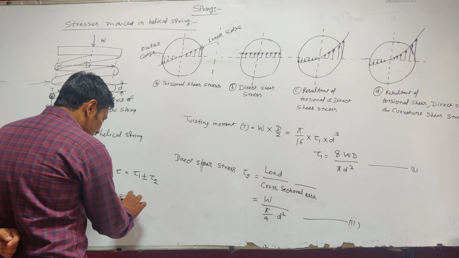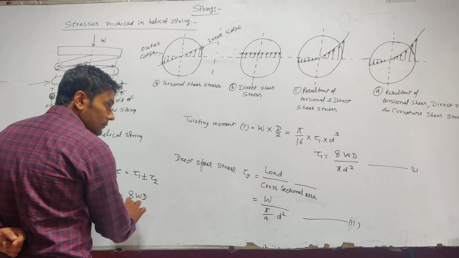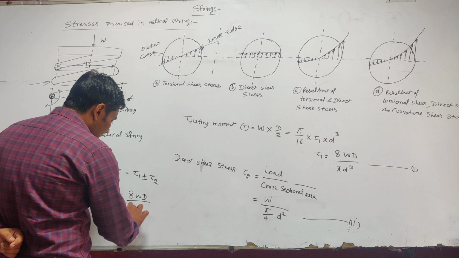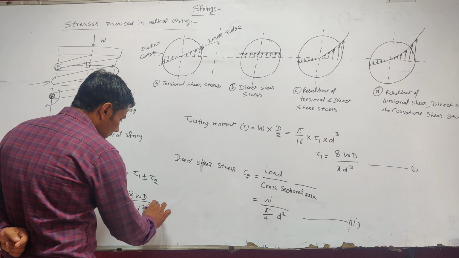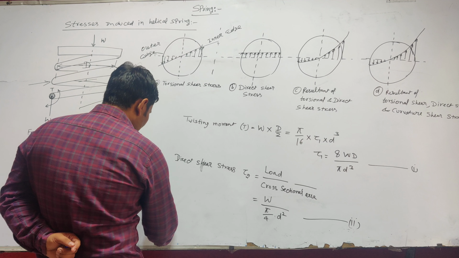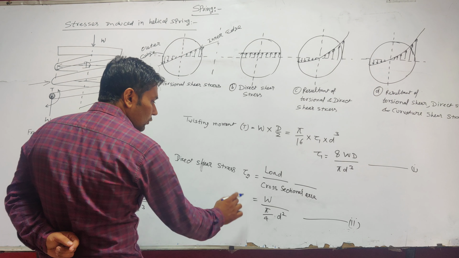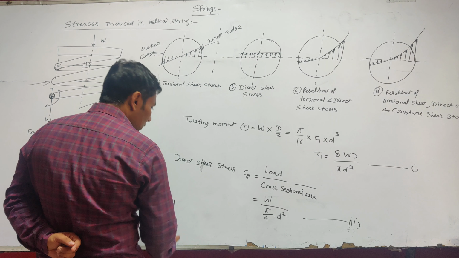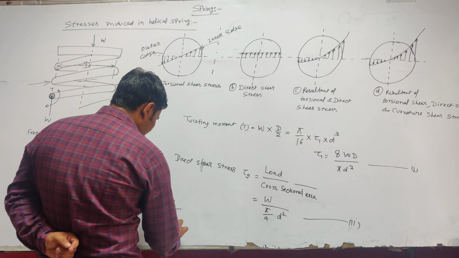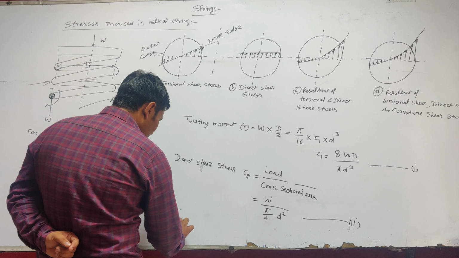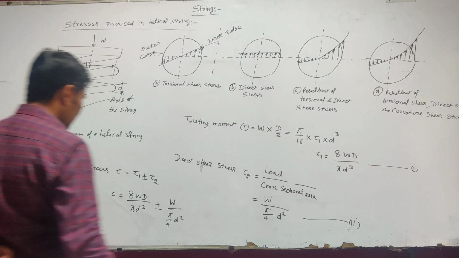Tau 1 is 8WD upon pi d cube plus minus tau 2, W upon pi upon 4 d square.